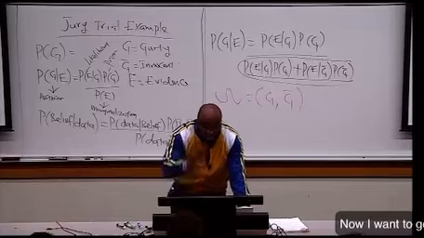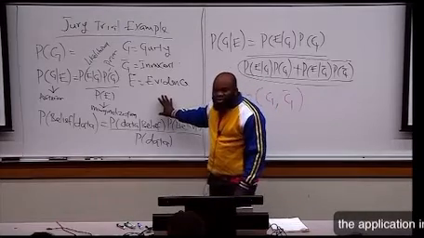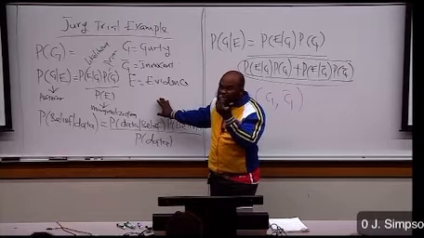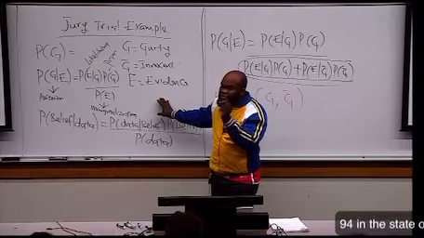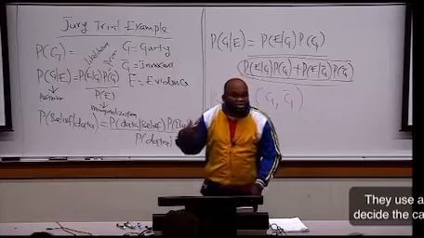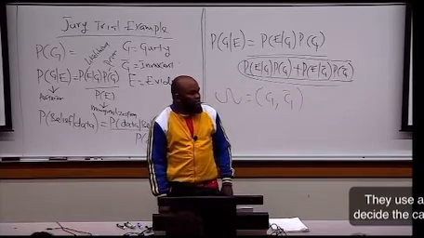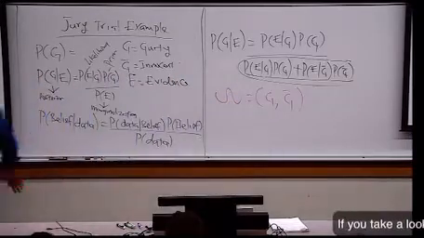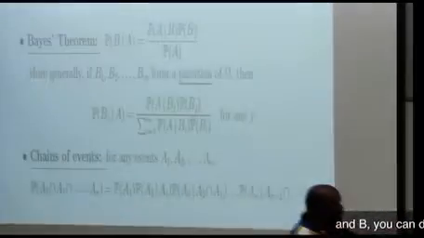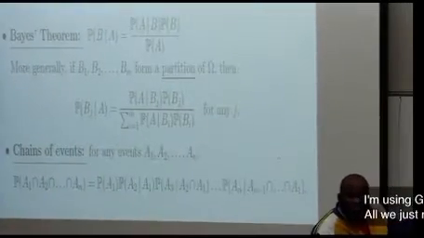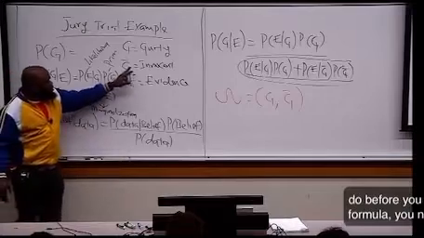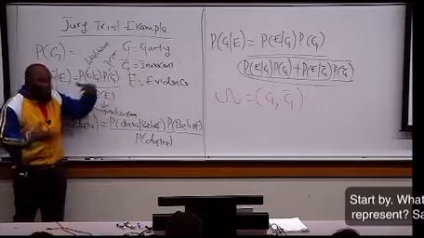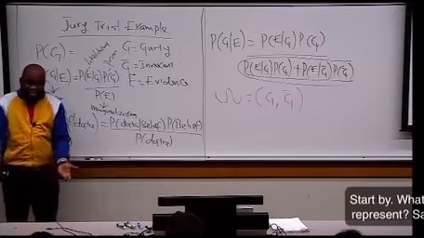Now, this is the application in law. I want to tell you about the celebrated case of O.J. Simpson, 1993-94 in the state of California. They used Bayes' rule to decide the case. If you take a look at all this, A and B, you can decide to use G and E. Before you write your formula, you need to first start by asking what each symbol represents.